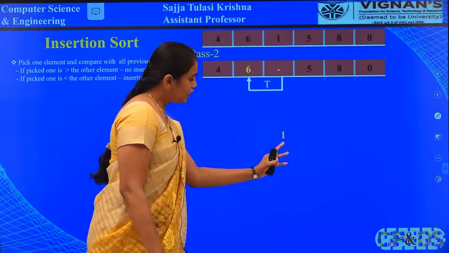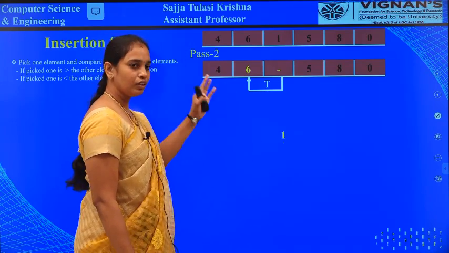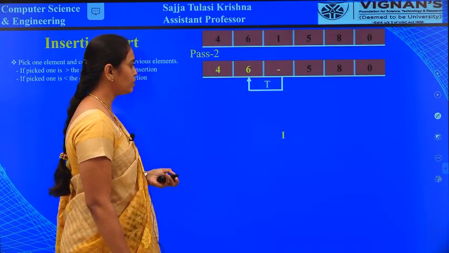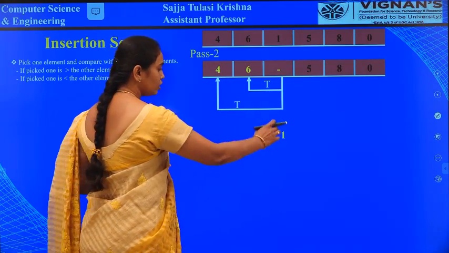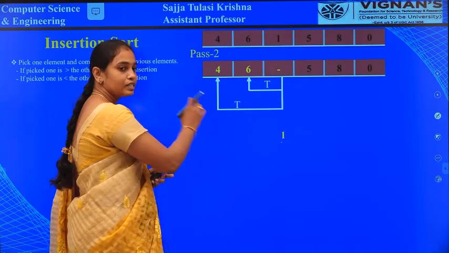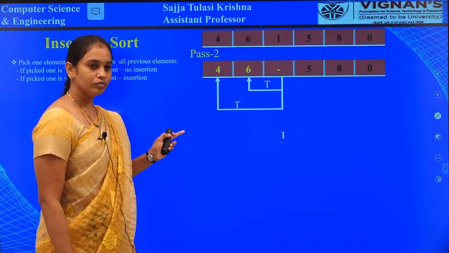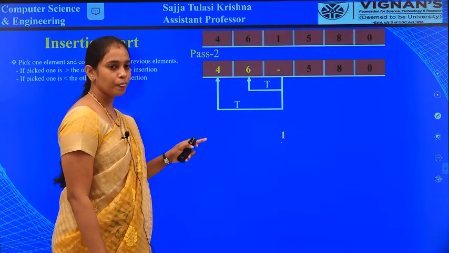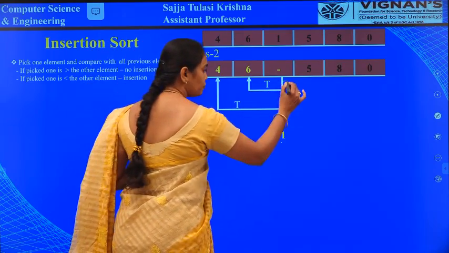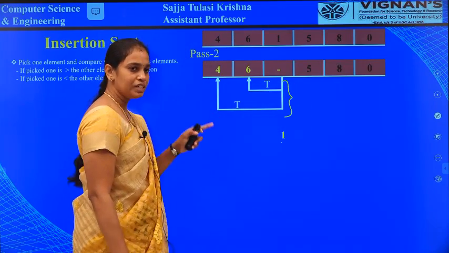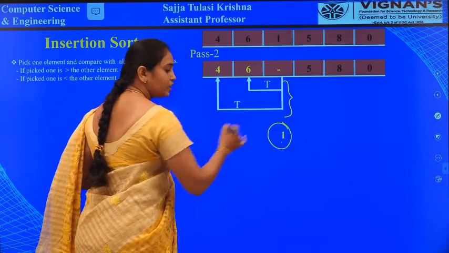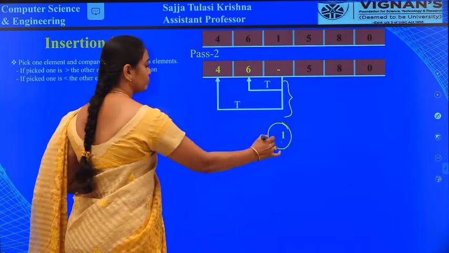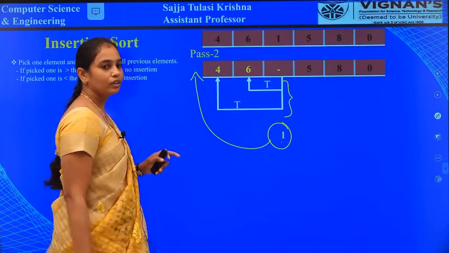Now let's compare with the other element at the same time. The comparing element is 4. The picked element 1 is less than 4, so again the condition is true. After comparing with these two elements, the element is inserted before them.